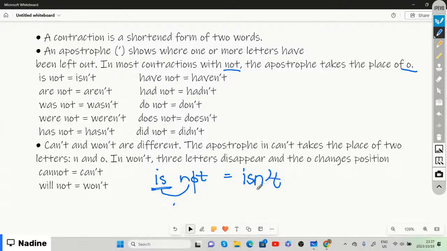So that is our contraction, isn't, right? So we basically put those two words together and make them into one word. But we're going to remove the O, and in place of the O, we put our apostrophe.